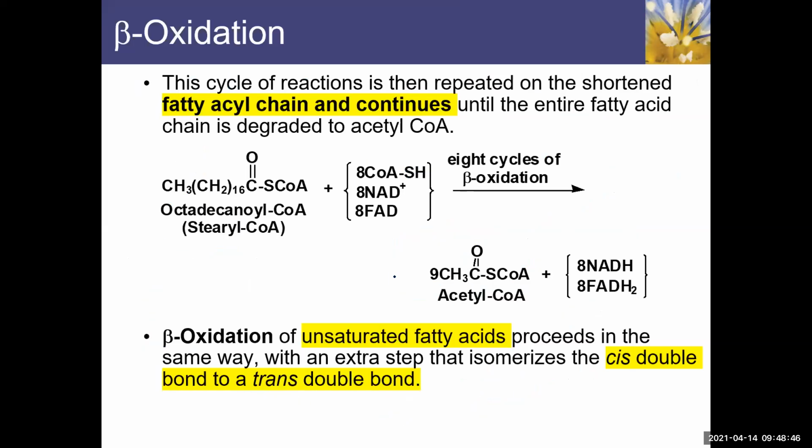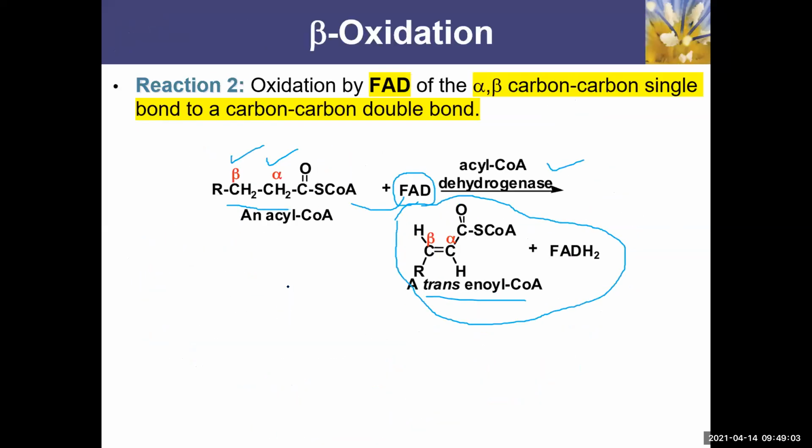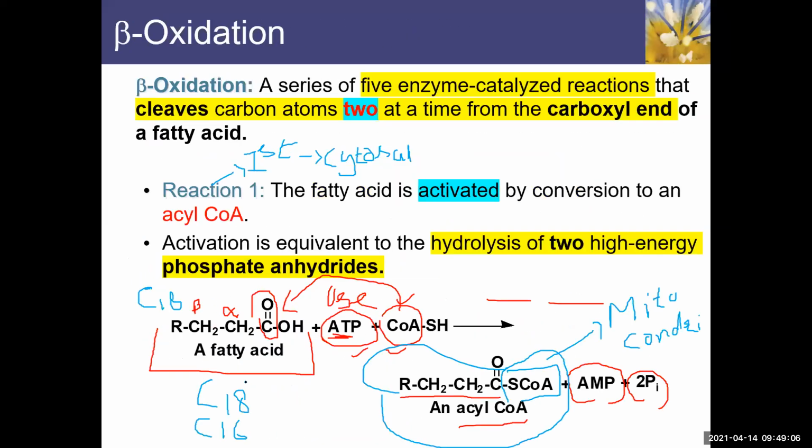Okay, for example, we just did 18, because I told you the 18 one, right? So let's do the 18 one. Let's say I started with C18 over here, as I told you.